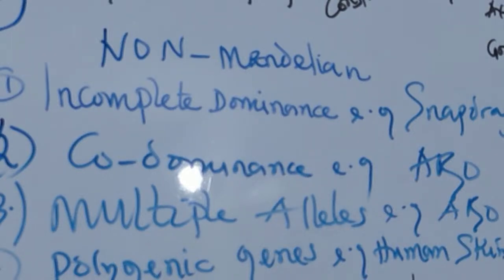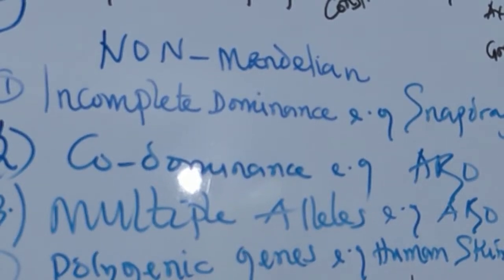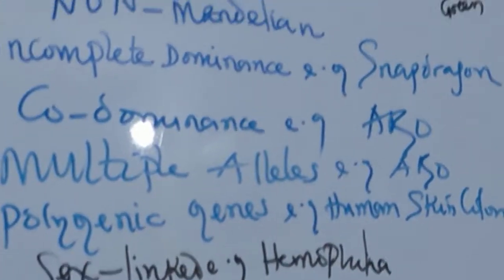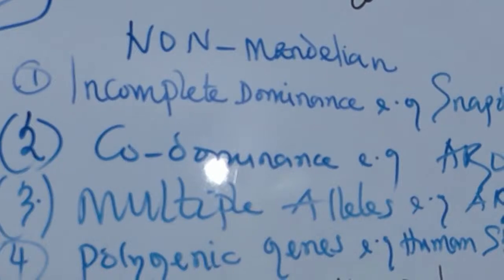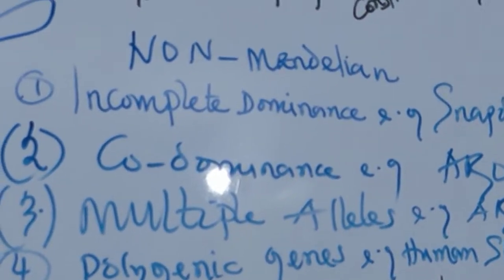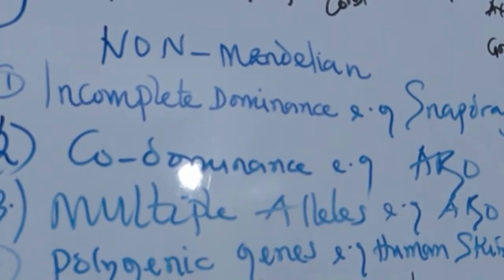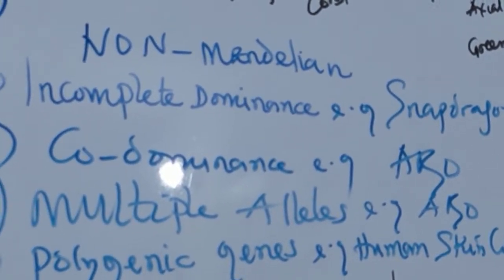In addition, we have been able to consider the basic deviations from Mendel's law. We discovered that one thing Mendel was not able to do, and scientists after him were able to do, was studying incomplete dominance, as we have it in Snapdragon.